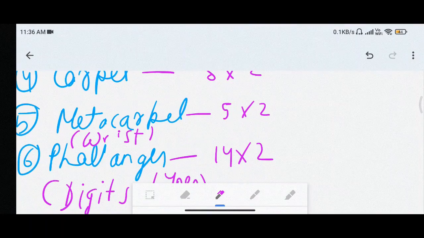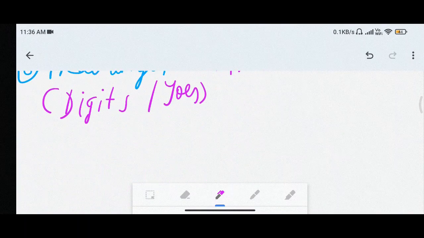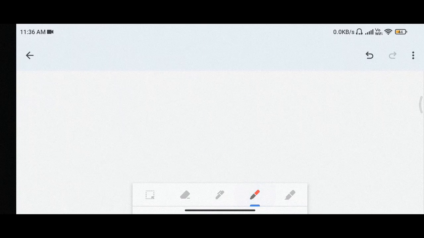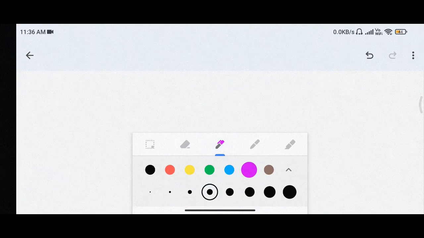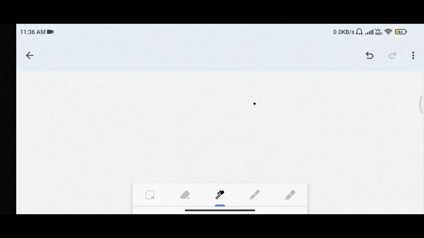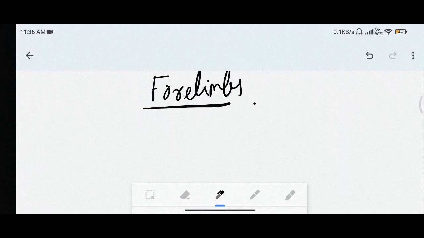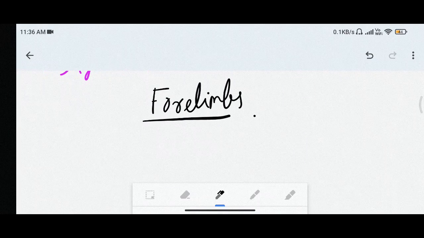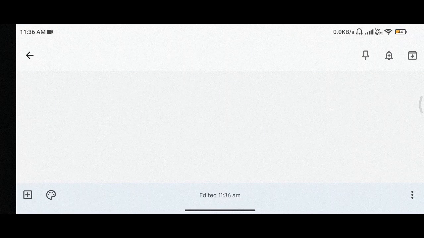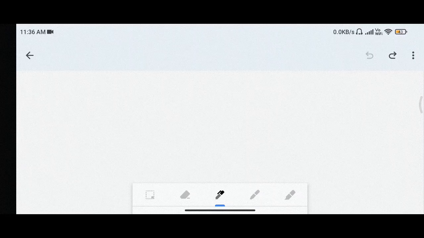Similarly, we have done the forelimbs part. So let's continue with the hind limbs part.